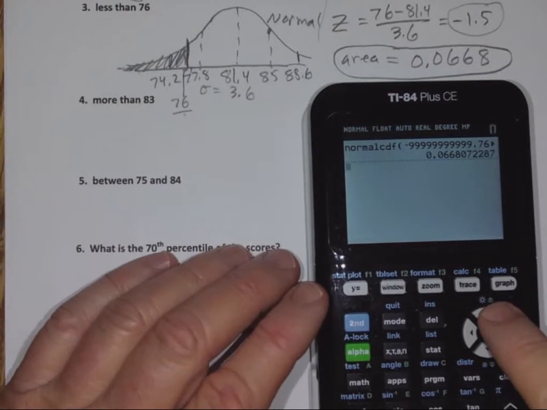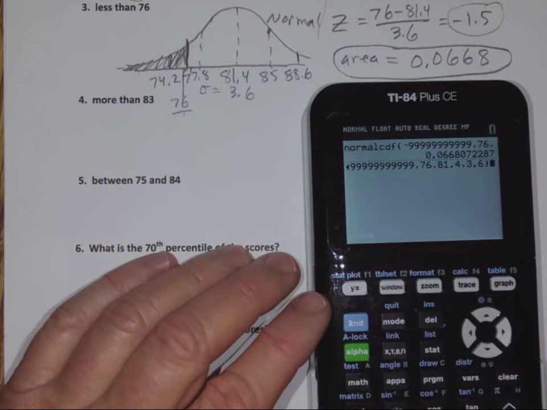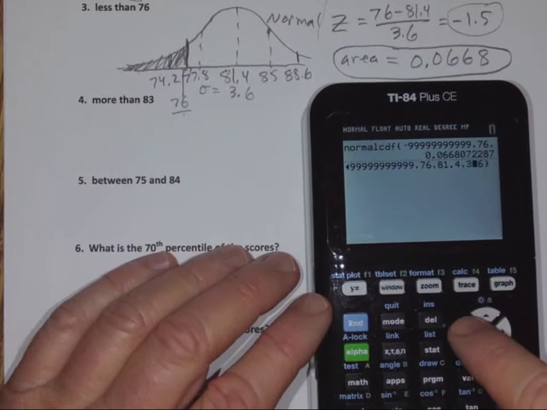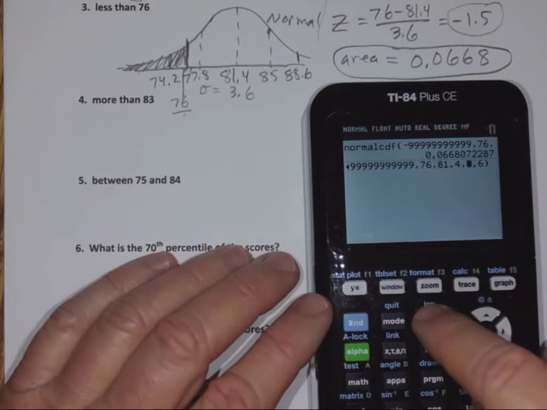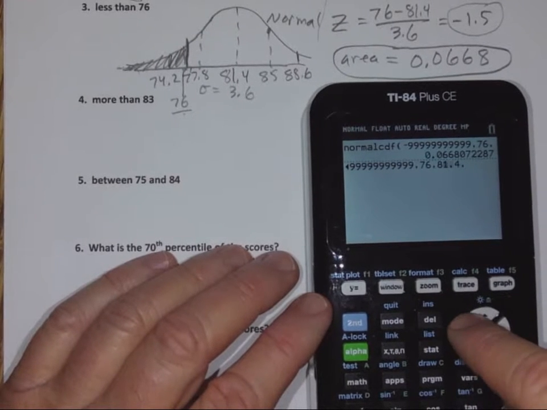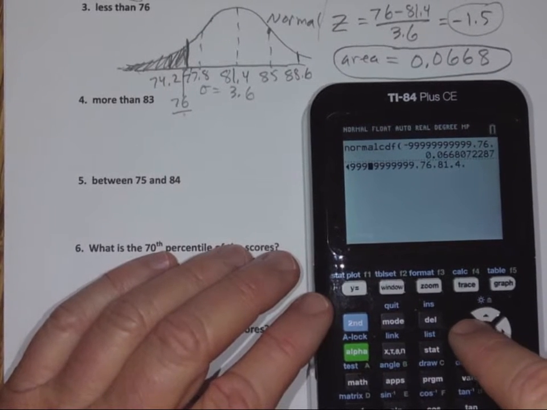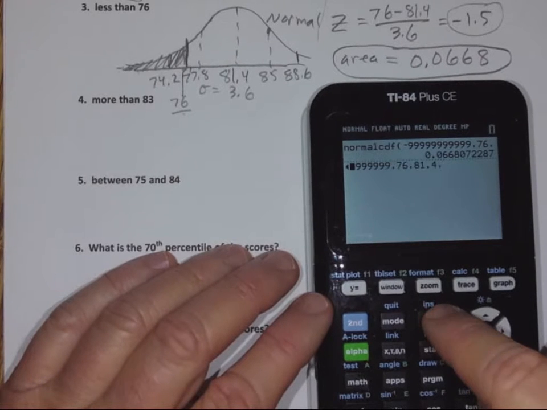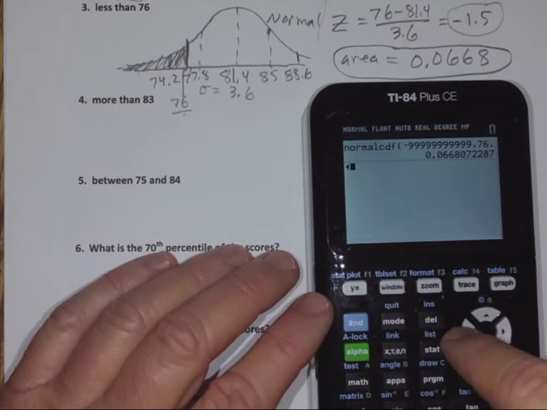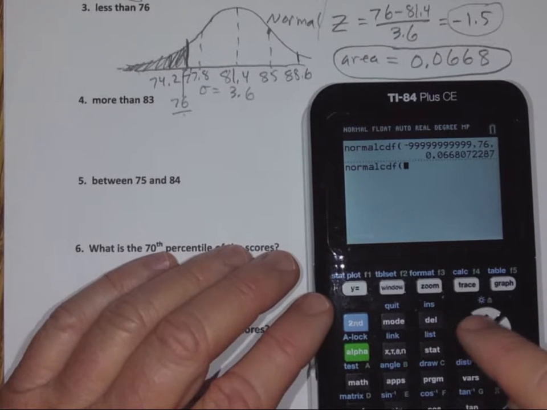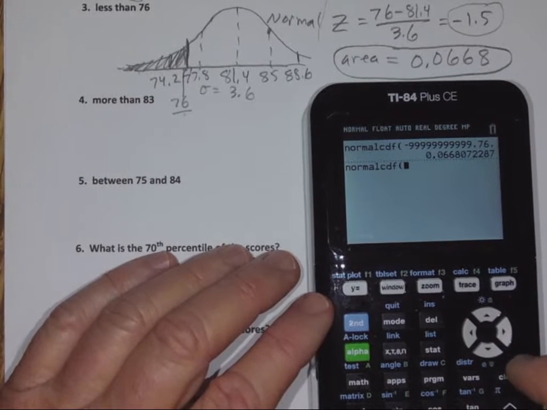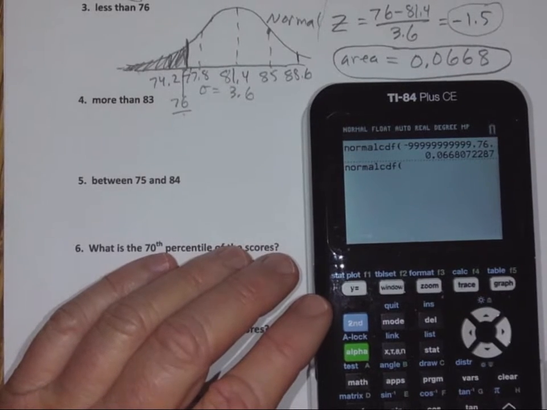Now, in many calculators, let me just delete a bunch of values here. In some of the older 83s and 84s, when you hit normal CDF, it'll automatically just take you to this screen, like that.